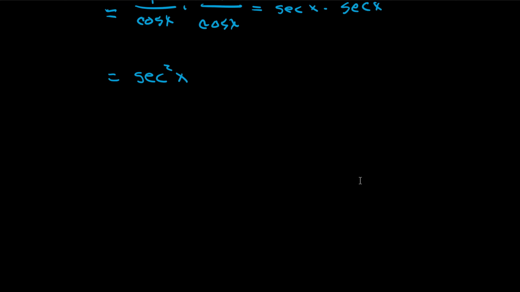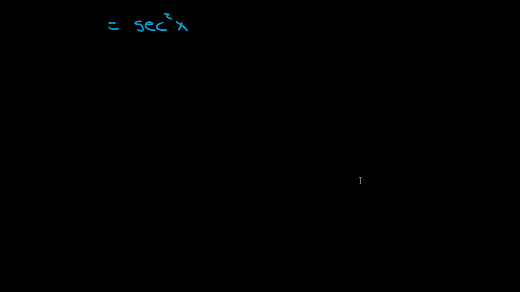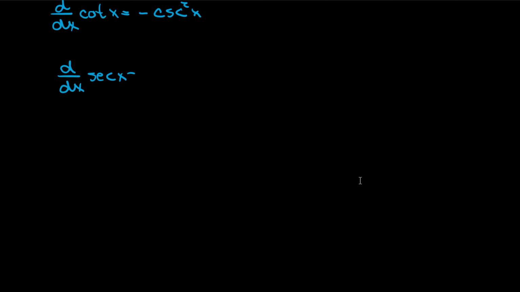You can, and I'll leave it to you, do the derivative of cotangent of x. If you compute that, following a similar pattern to what we did here, you'll get negative cosecant squared of x. If you compute the derivative of secant of x, that's going to give you the secant of x times the tangent of x.